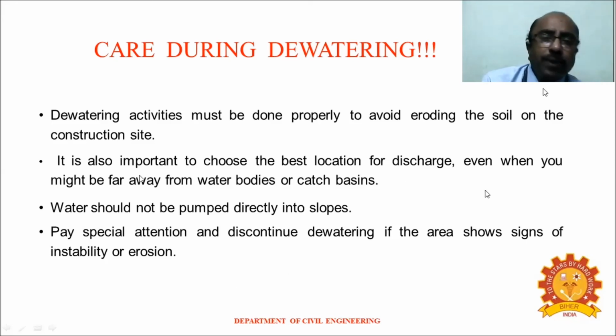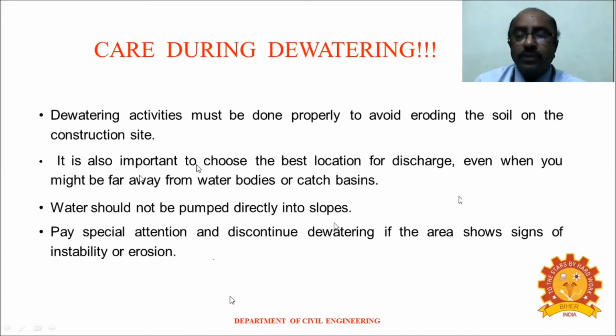That is one of the important points that you have to look into. Also, water should not be pumped out directly onto the slopes, because again slopes may subside. And we have to pay special attention and discontinue dewatering if any area shows signs of instability or erosion. That is very important.